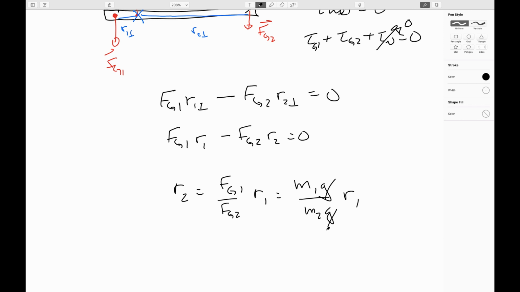Everywhere in the universe, the game of teeter-totter is played exactly the same way. So this will be 50 kilograms over 25 kilograms times 1 meter gives me 2 meters. And that makes sense. We all know from our practical experience the skinny kid should be put twice as far away as the bigger kid.